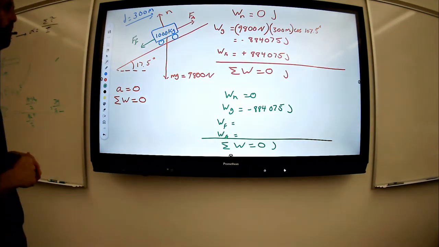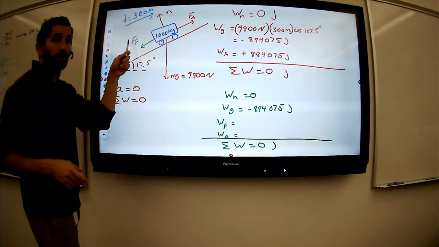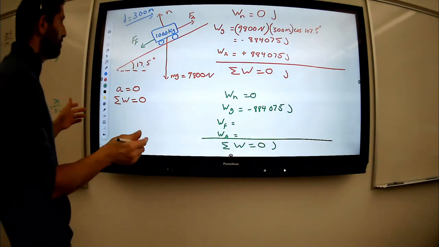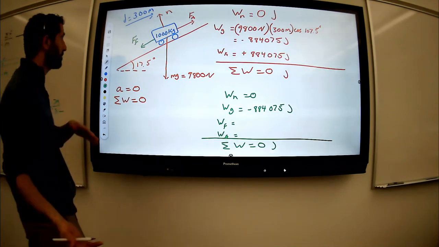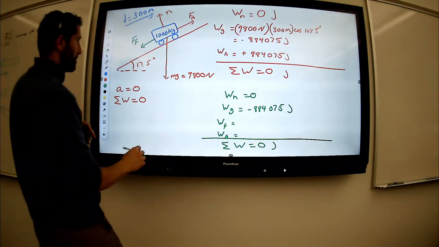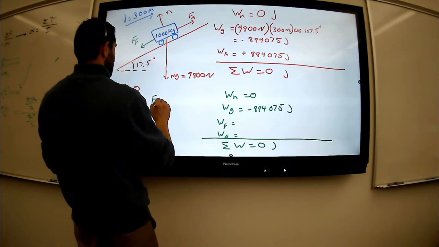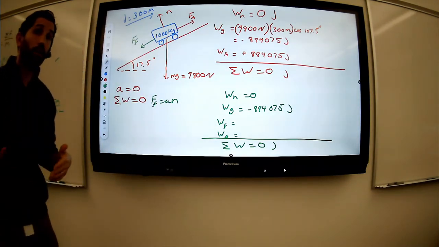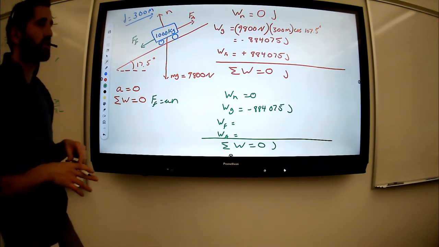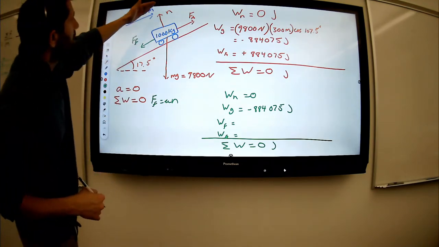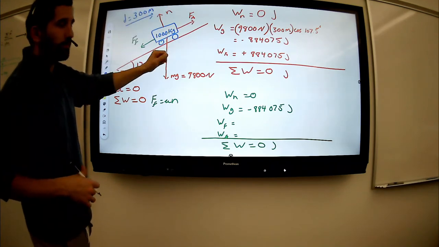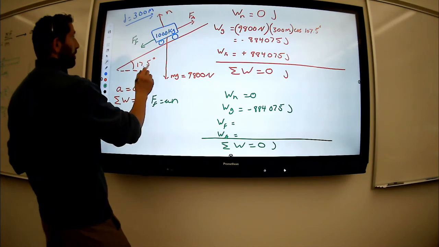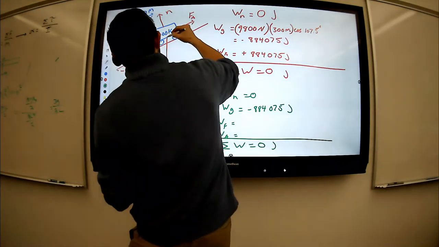So here's what I'm going to do. I'm going to find this force of friction and use that to find the work done by friction. Now you got to think back to the fun equation that we learned in Newton's laws. Force of friction equals mu times N. And another thing that you need to remember that we haven't seen in a little while, when an object's on a slope like this, the normal force ends up being equal to the component of gravity that's opposite it.